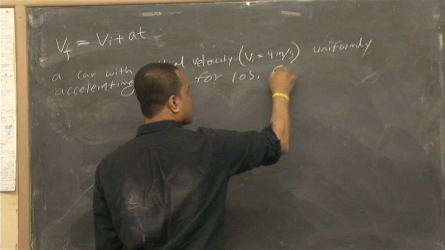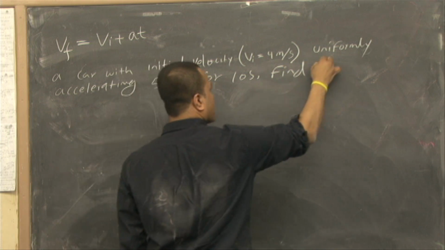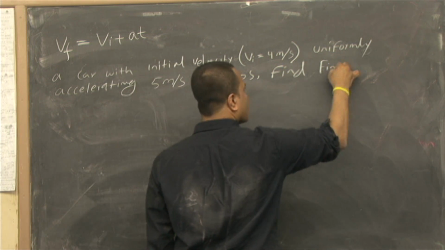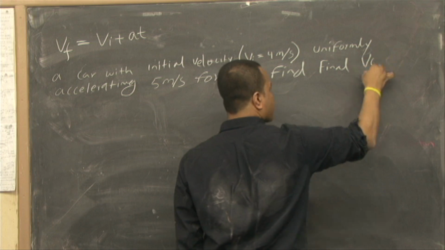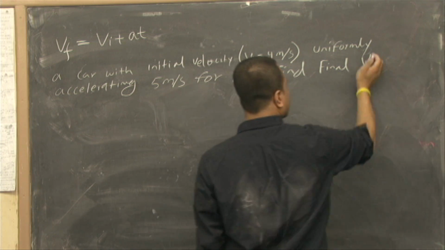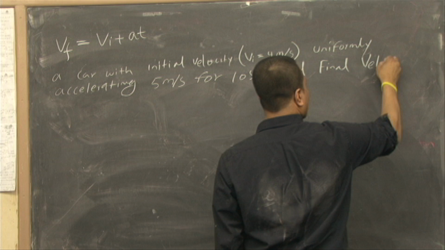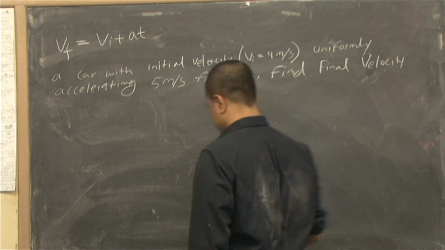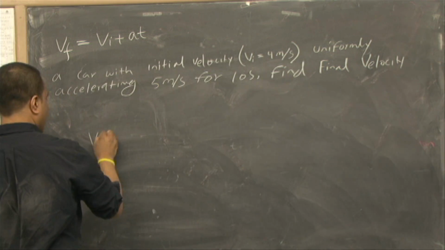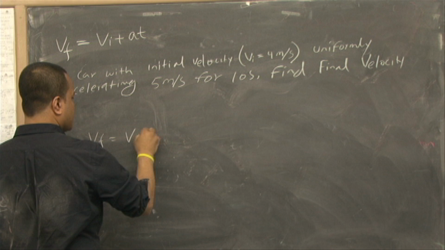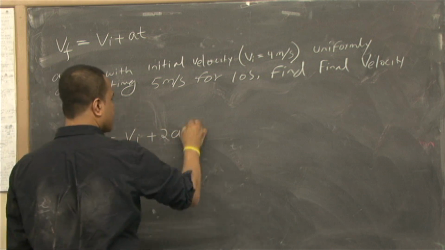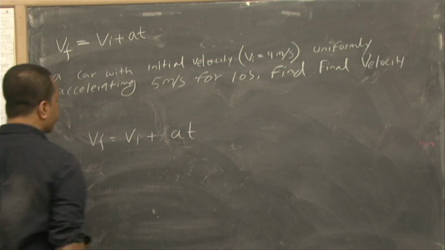Find the final velocity. So final velocity is initial velocity plus at.